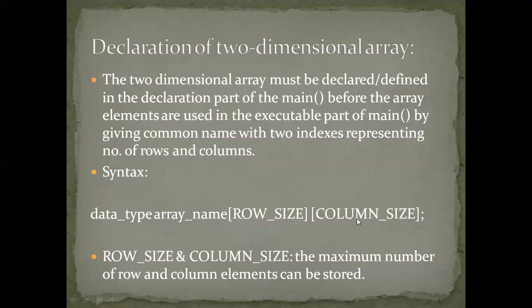Row size and column size indicate the maximum number of rows and column elements that can be stored. For example, if you give row size 5, there will be 5 rows. If you give column size 6, there will be 6 columns. Once we see the example, you'll get an idea. As of now, just understand that the syntax contains the data type, array name, row size and column size. Okay, fine.